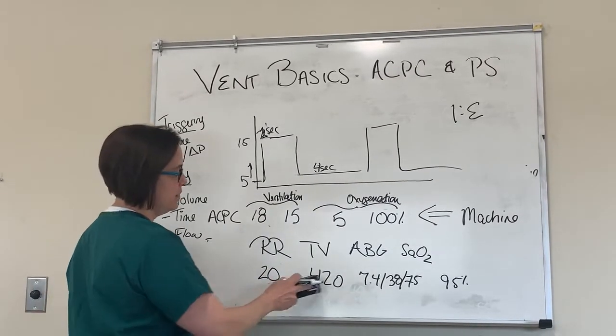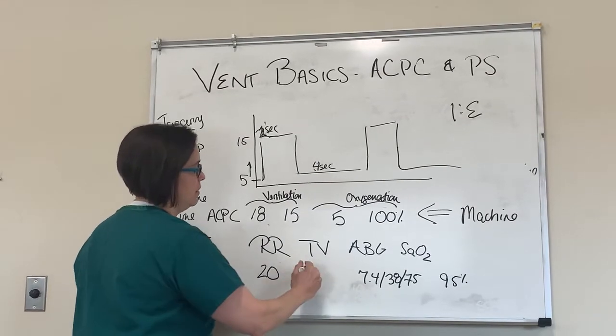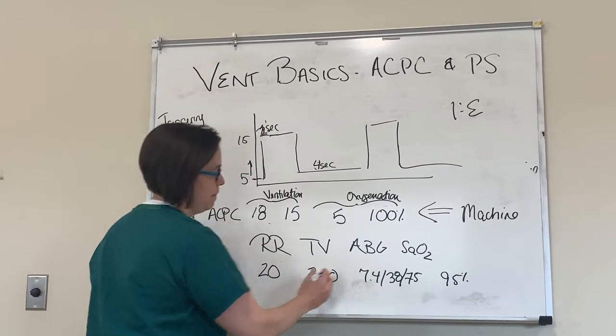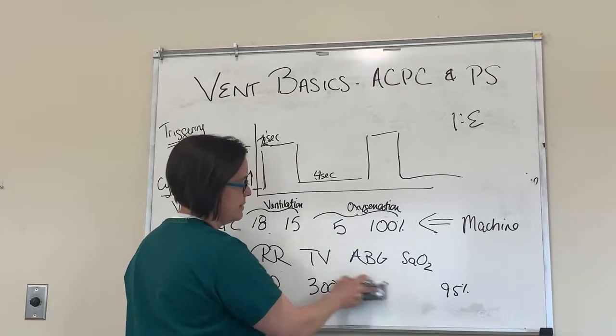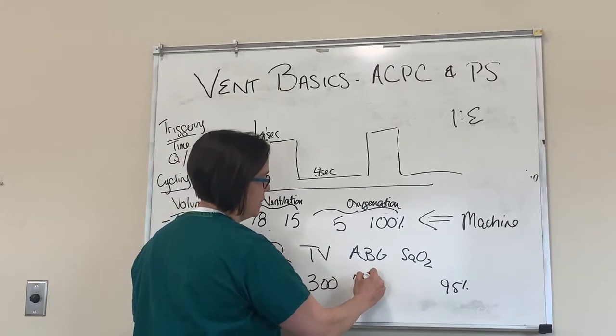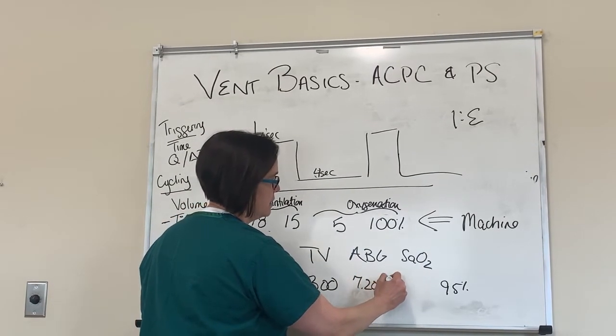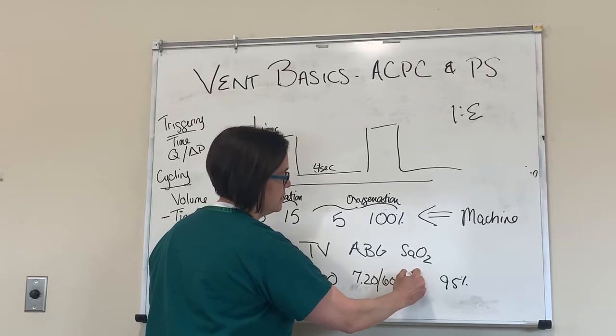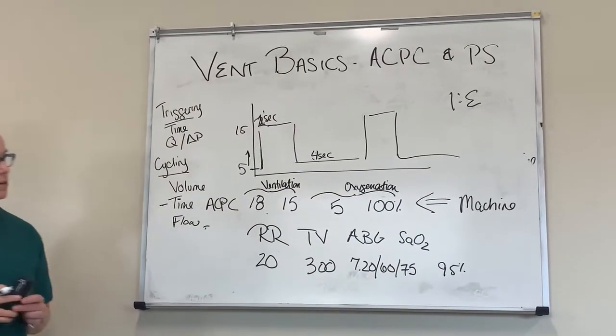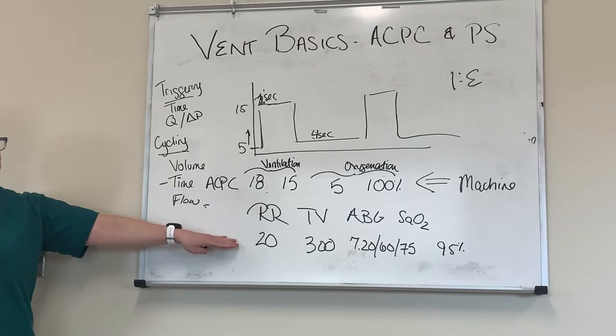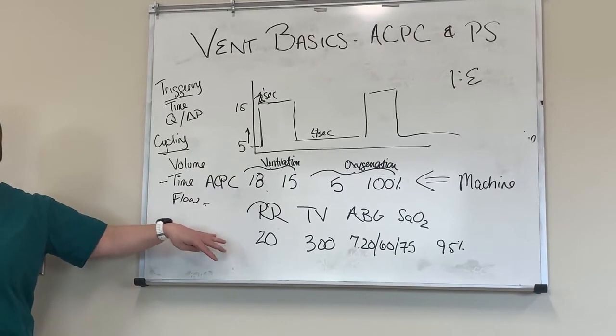They have a tidal volume of 300, and they have a gas that's 7.20, 60, 75, with an SaO2 of 95. What would I want to change, if anything, about this?